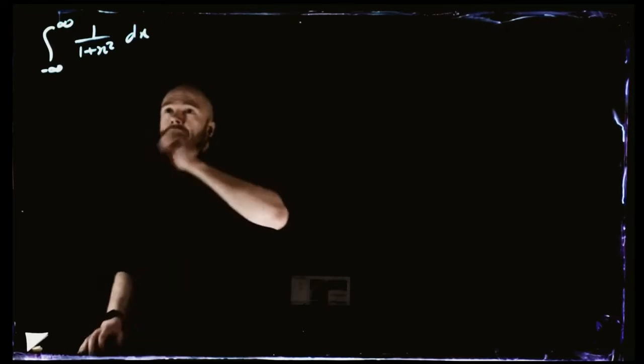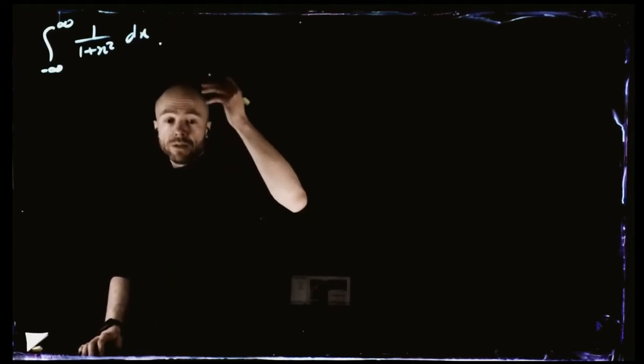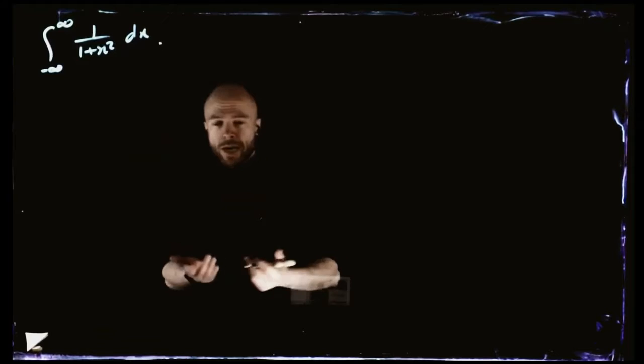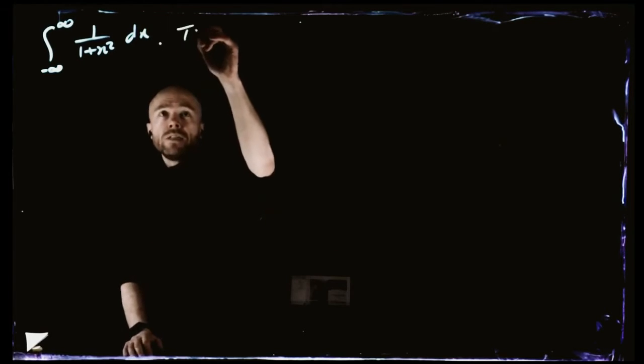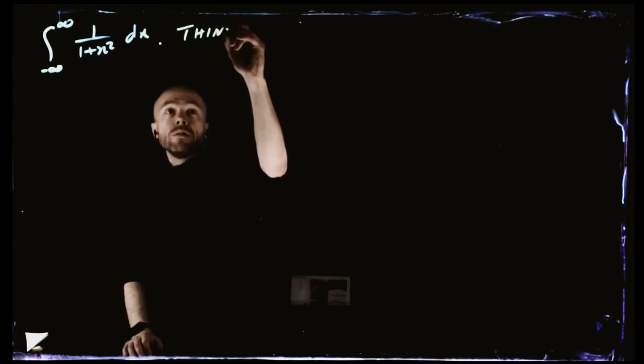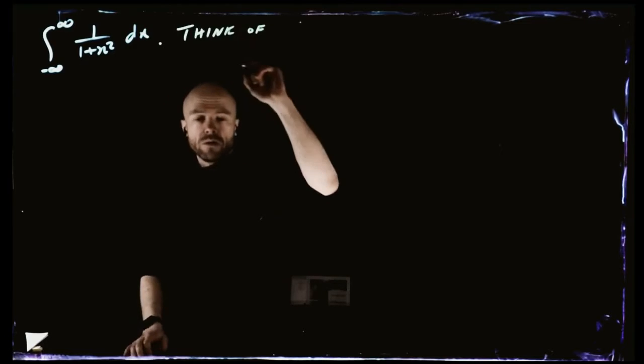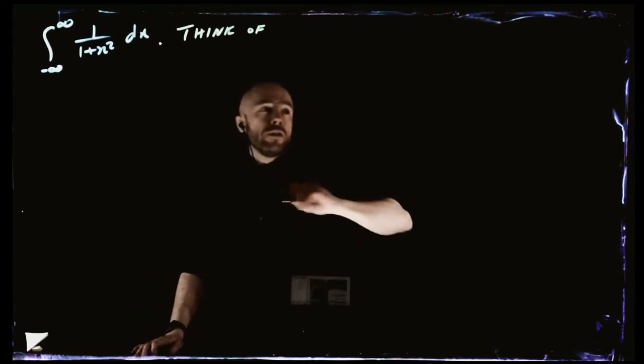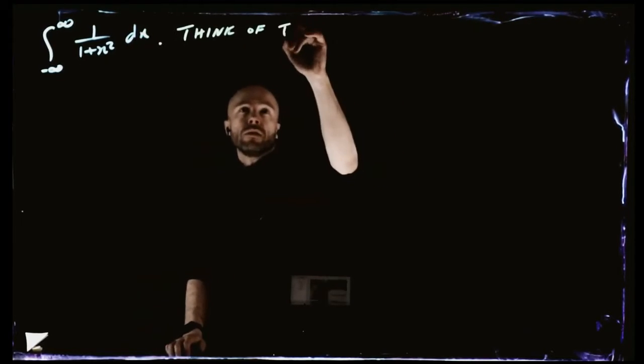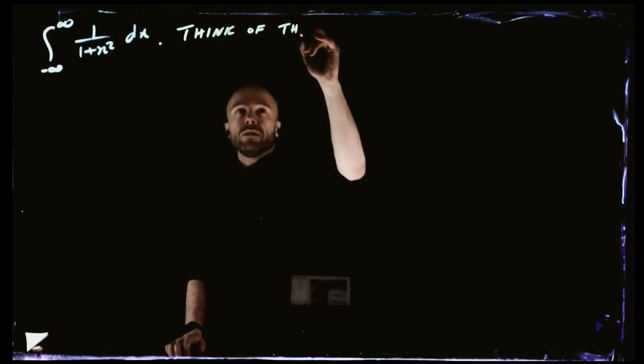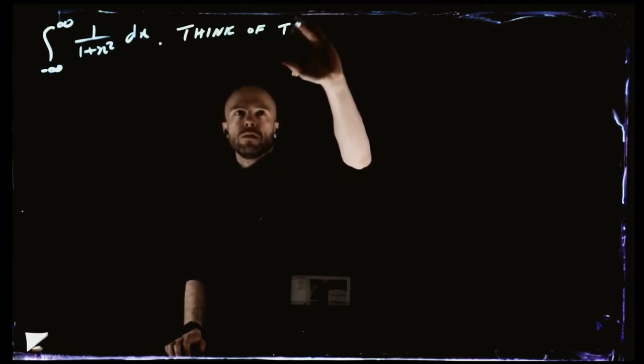So if we want to do this from the residue theorem, then we're going to have to think about this as a contour integral, or part of a contour integral. So we're going to do the following thing. Or maybe not think of this, or transform this, or think of transforming this into a contour integral.